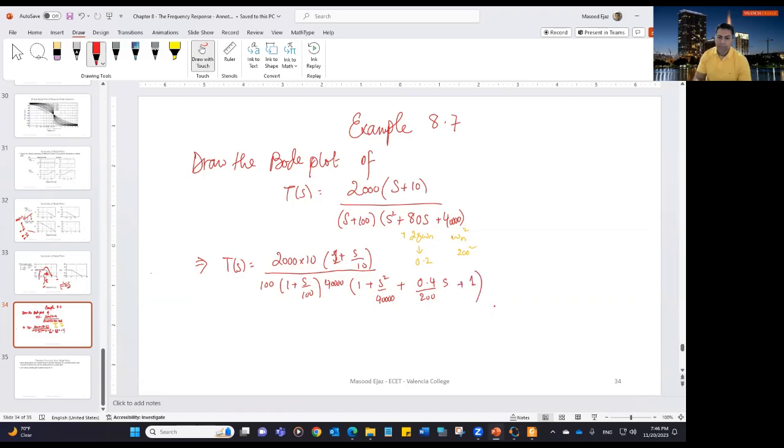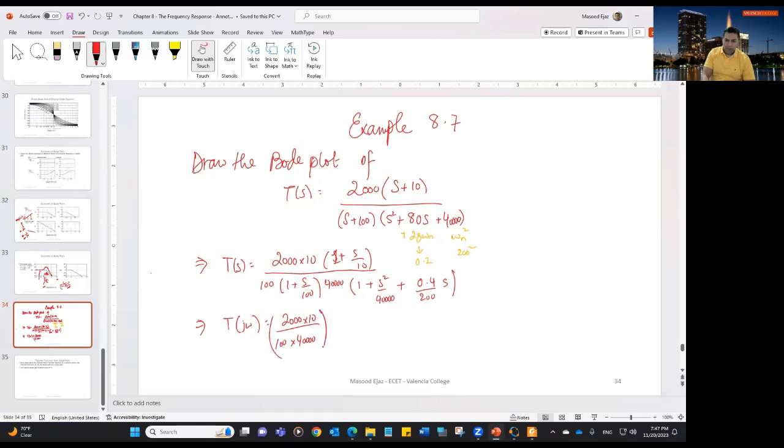Oh, 1 is already there, so this is addition. And when you put T of j omega, that's going to be 20,000 times 10 over 100 times 40,000.